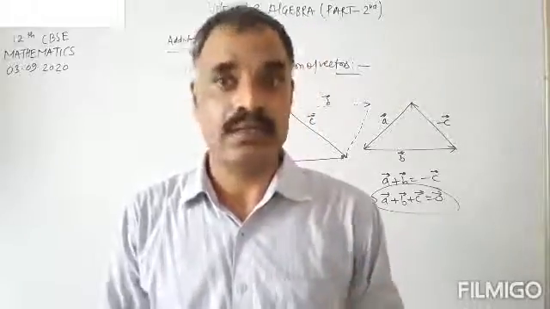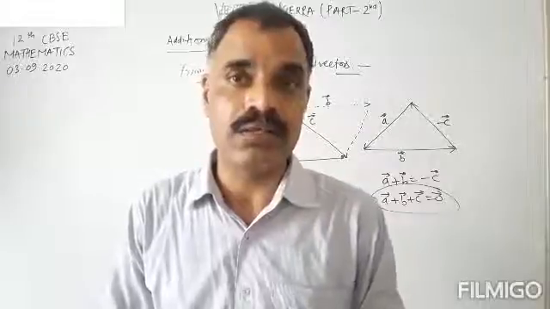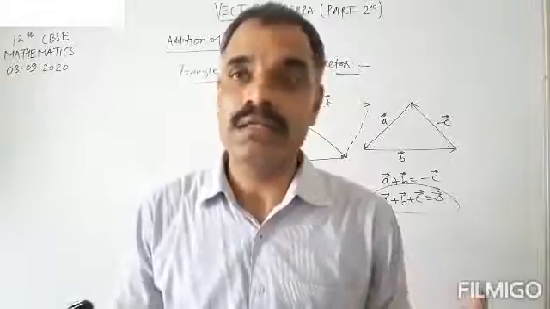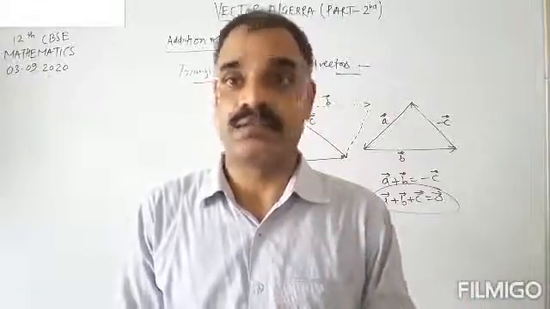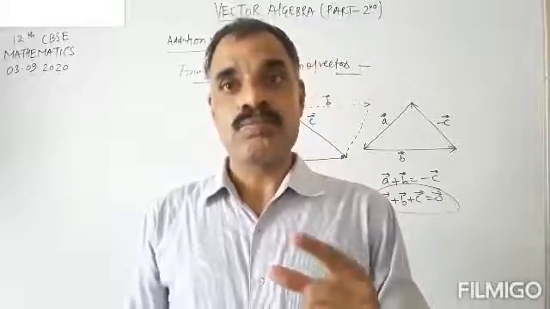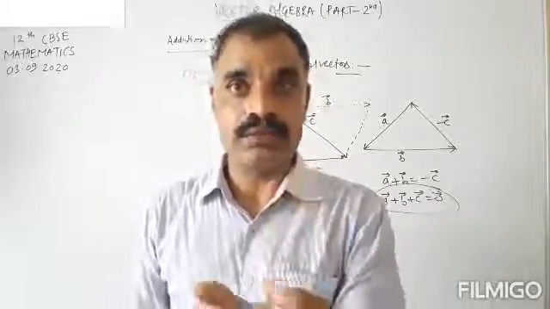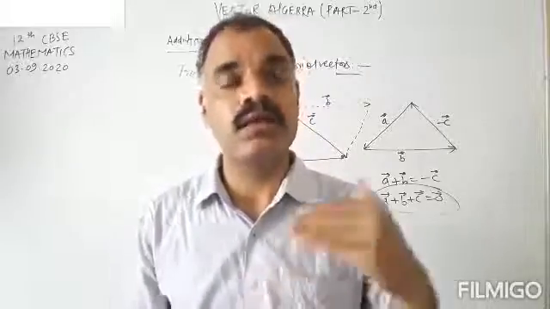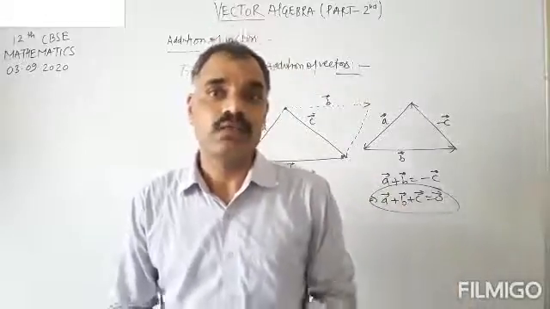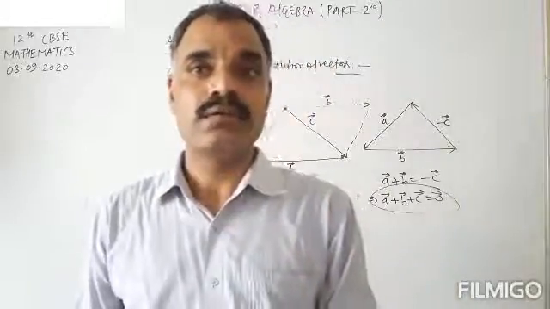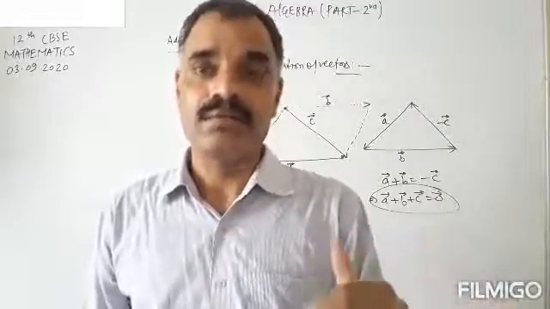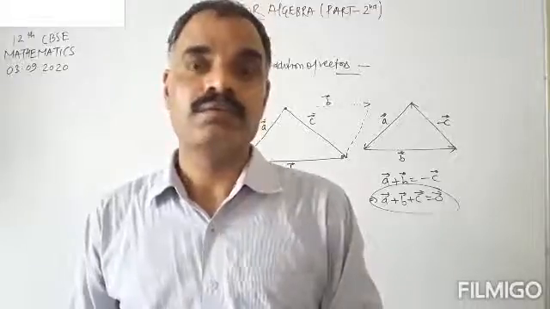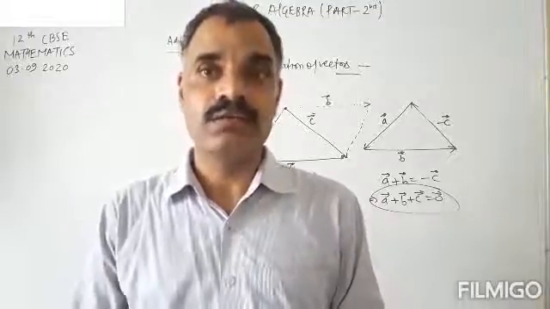If any two vectors are not able to be added by using the parallelogram law of vectors, then they are not to be considered as vectors. Both vectors should be added by using the parallelogram law of vectors. This is the third condition to be a vector.